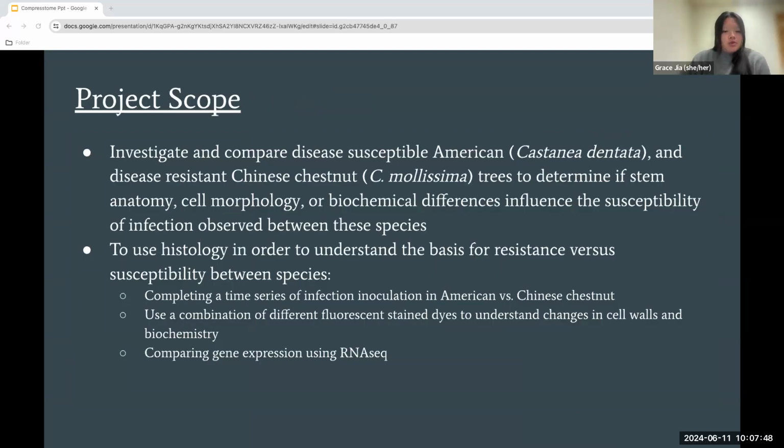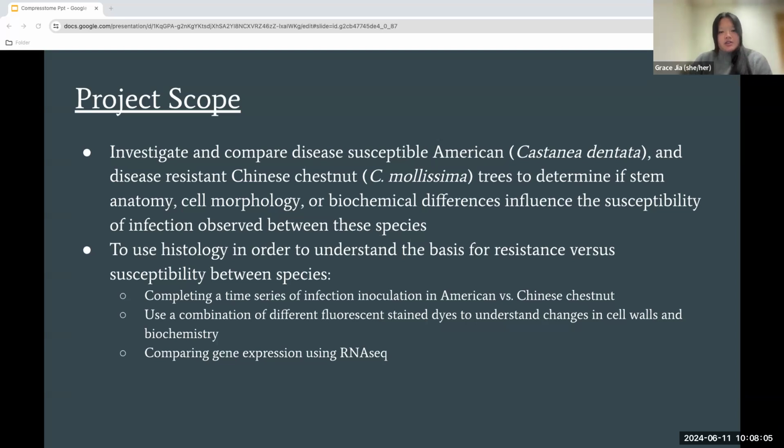So the project scope and what we are trying to find out in the Groover lab is to investigate and compare if stem anatomy, cell morphology, or biochemical differences between disease-susceptible American chestnut and disease-resistant Chinese chestnut trees may influence chestnut blight susceptibility.